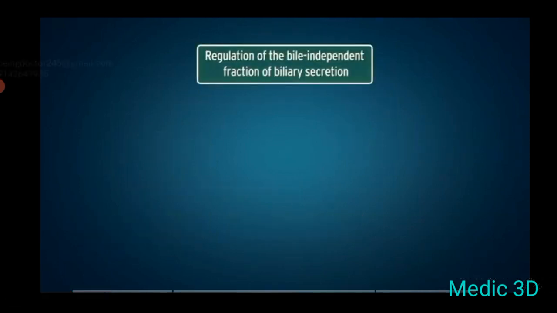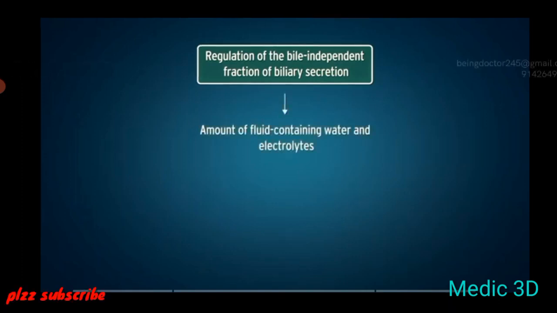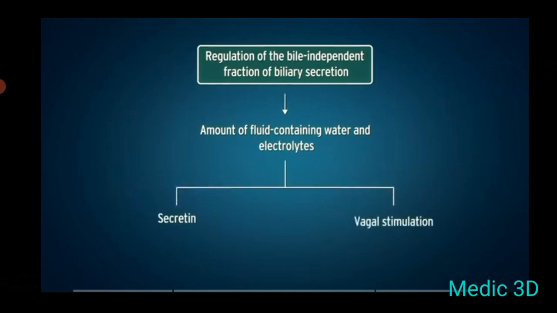Regulation of the bile-independent fraction of biliary secretion. The bile-independent fraction of biliary secretion refers to the amount of fluid containing water and electrolytes. Secretion of this fraction of the bile juice is controlled by secretin and vagal stimulation.